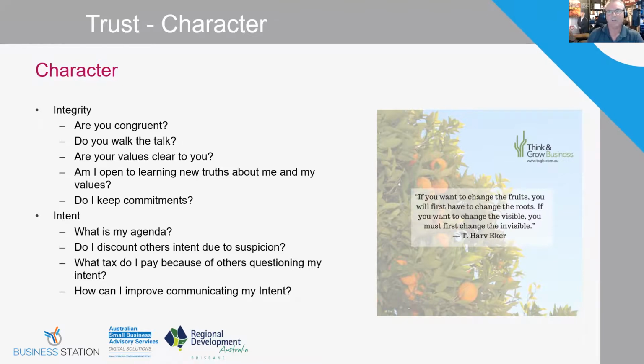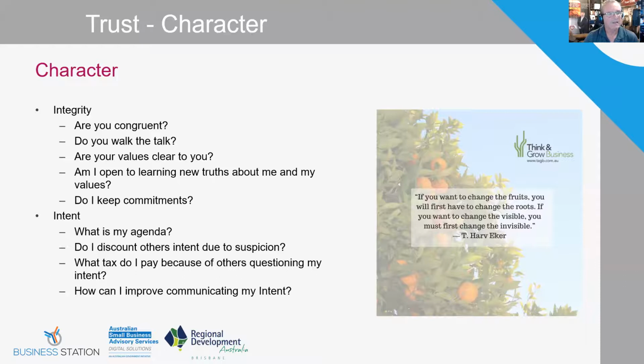Am I open to learning new truths about myself and my values? Do I keep commitments? So that's about that integrity piece, and that's a really challenging area for some people to dive into, because there could be some new truths that they suddenly realize about themselves that they're not quite comfortable with, that they do need to start to shift. But it's really the starting point in the concept of building trust.